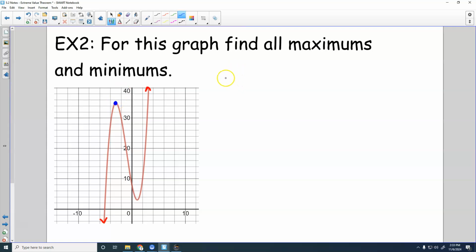So, local maximum of, let's go 35, which occurs at x equals -3.